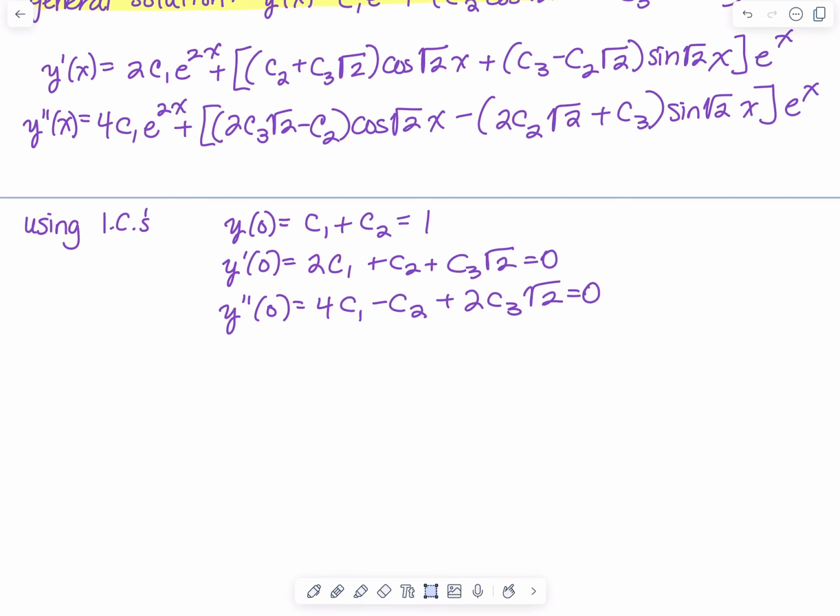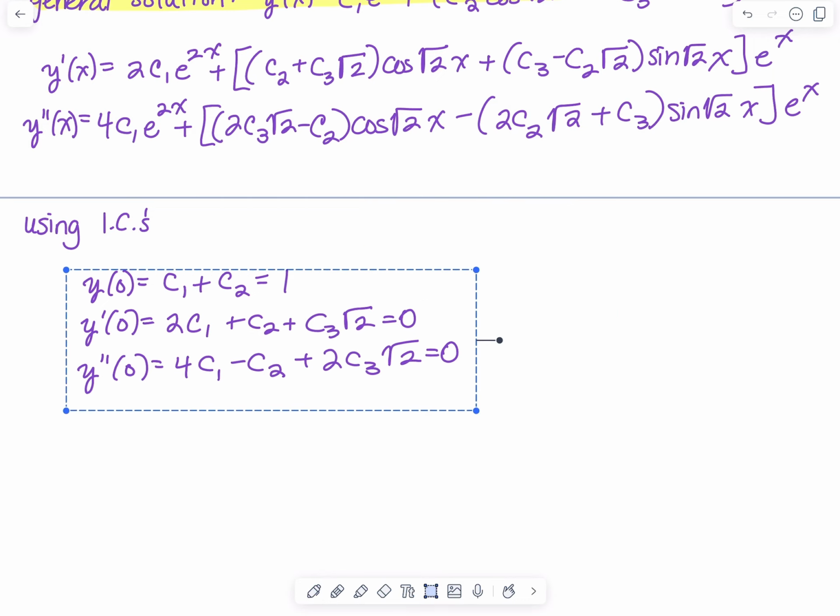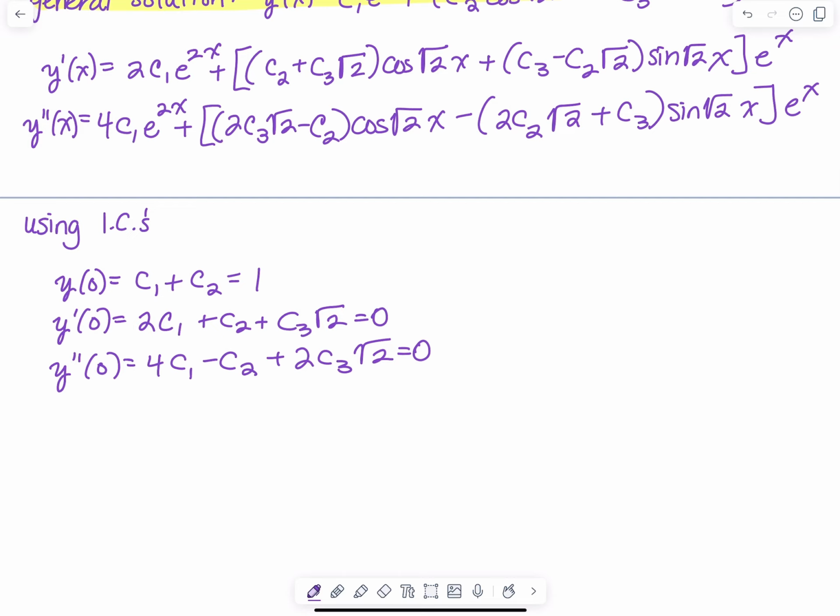And solving these equations simultaneously, you will come up with C1 is equal to 1, C2 is equal to 0, and C3 is the opposite of root 2.